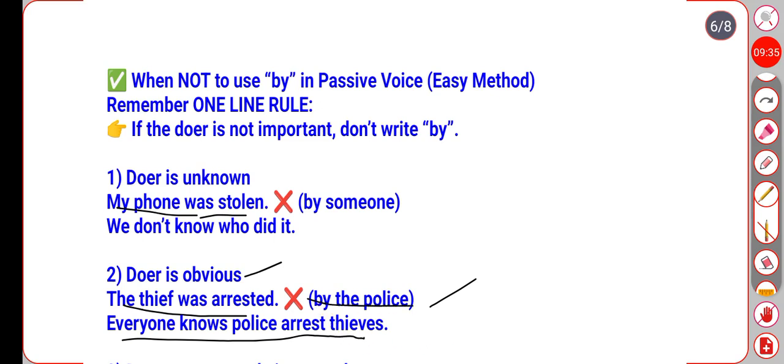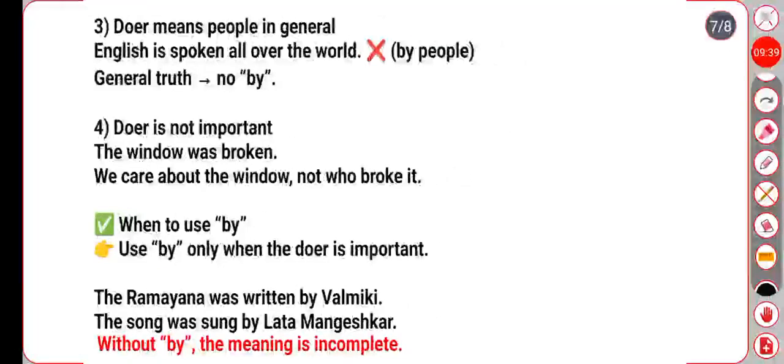Okay. Next, when the doer means people in general, when the doer is referring to everyone, in that situation also we don't use by. Here, English is spoken all over the world.